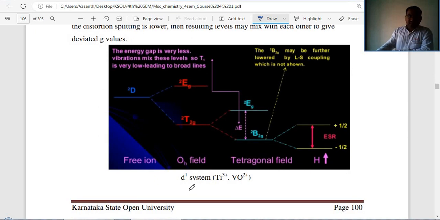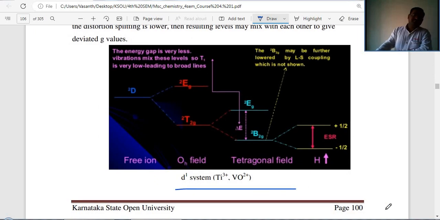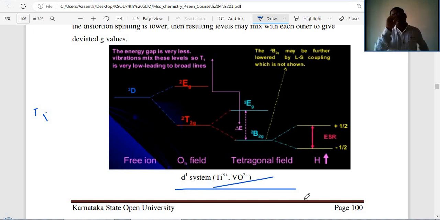We consider other systems like the d1 system. d1 means the atomic number of titanium is 23. Generally, this type of system arises in titanium and vanadium oxide.